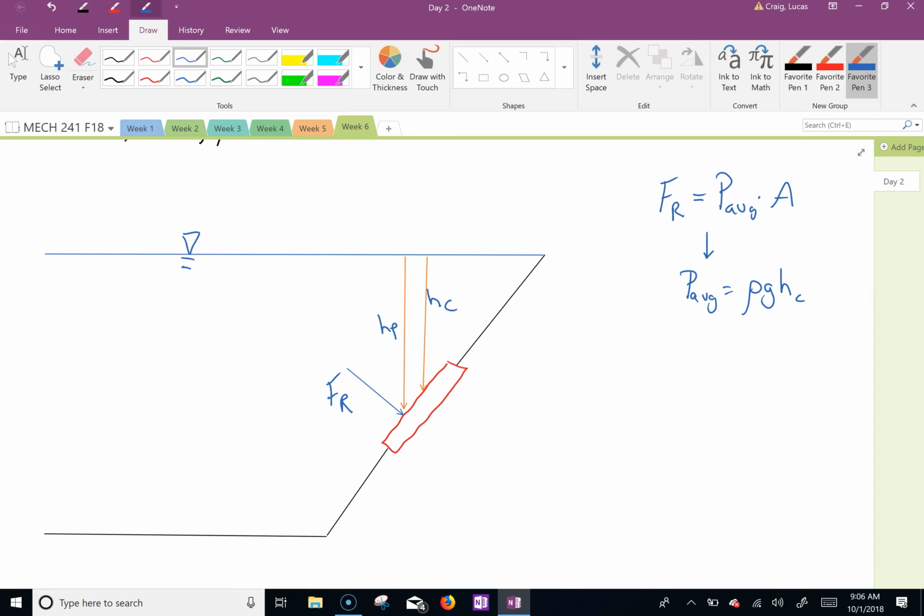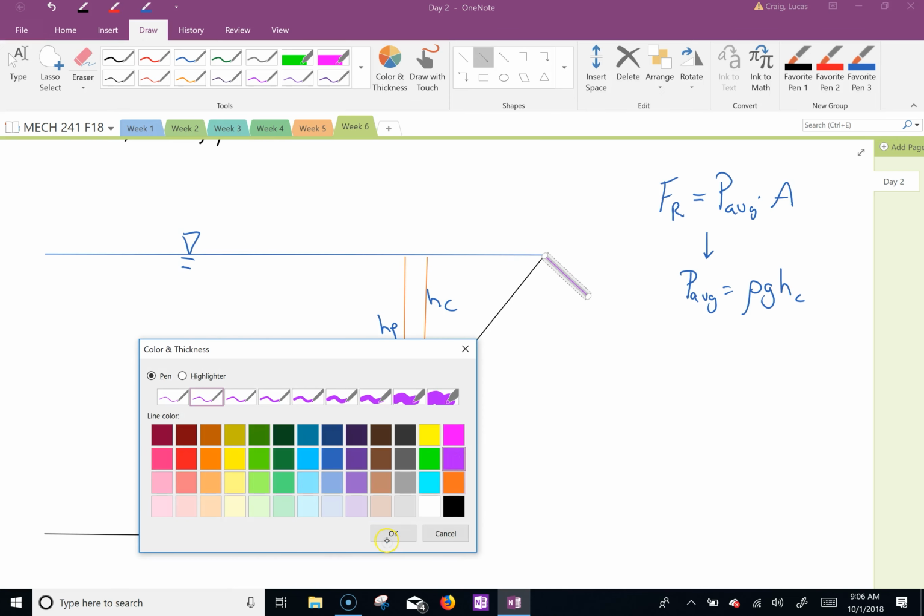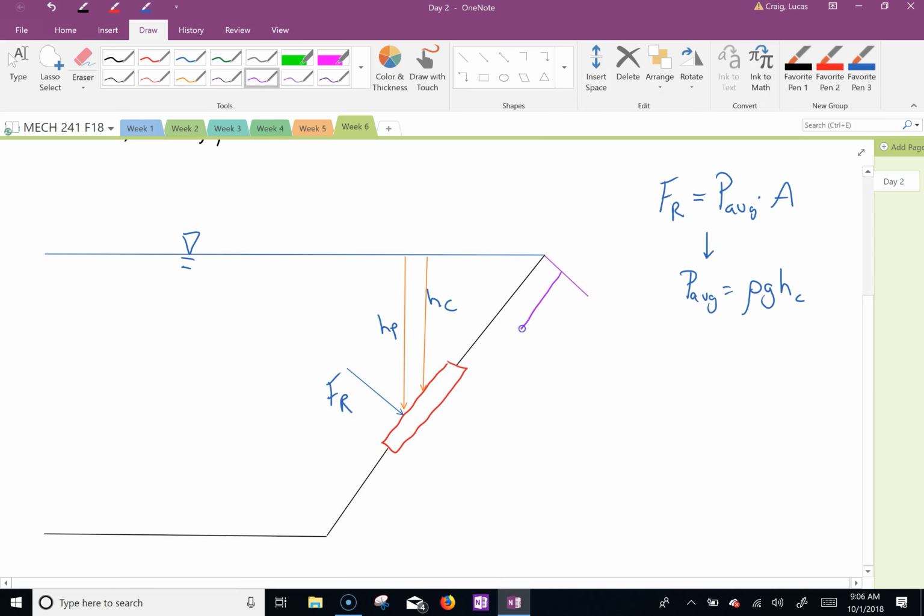And then we're at an angle, so what coordinate system should we now do? The y direction, yep. And that's perpendicular to the surfaces. And I might as well do these in purple. So this would be y_c and y_p.